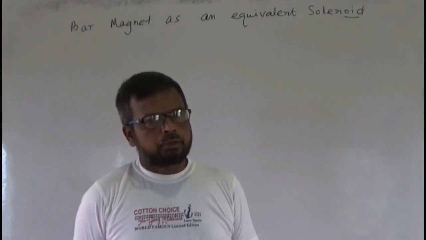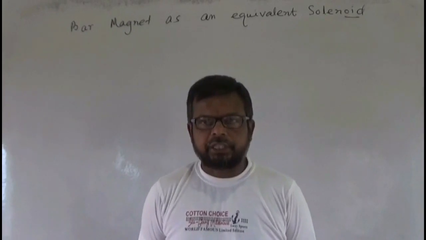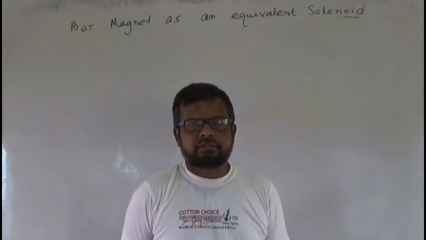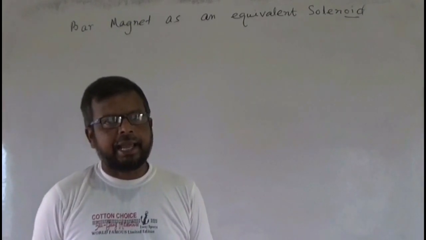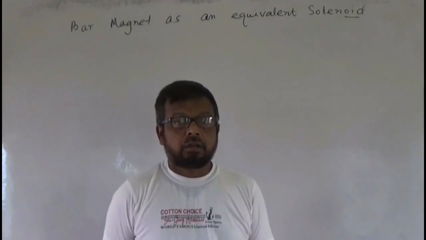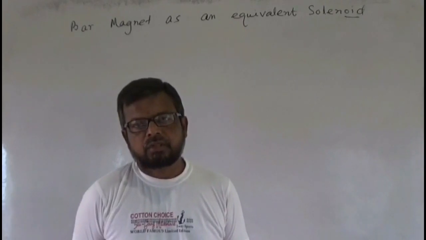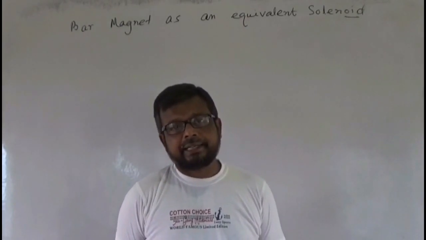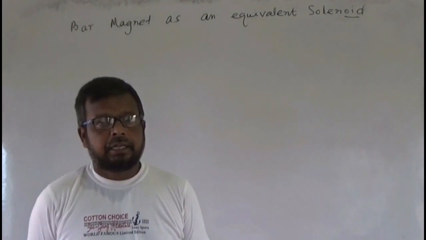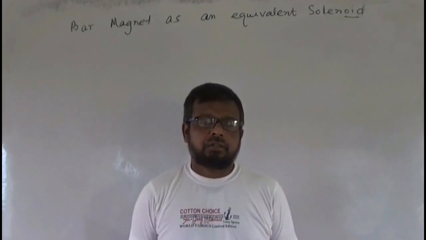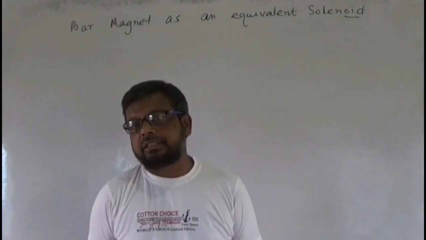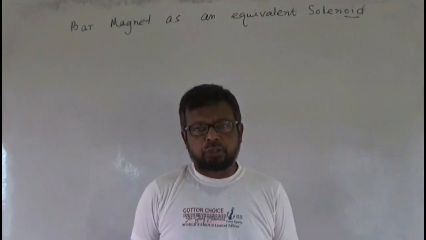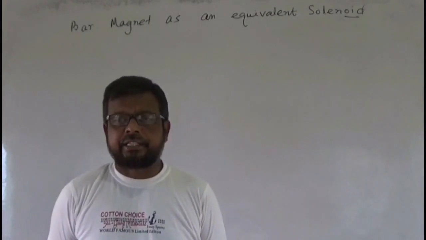Now we are going to show that the field at a point on the axis of a long solenoid carrying current has the same form, or the same expression, as the field due to a bar magnet at an axial point.